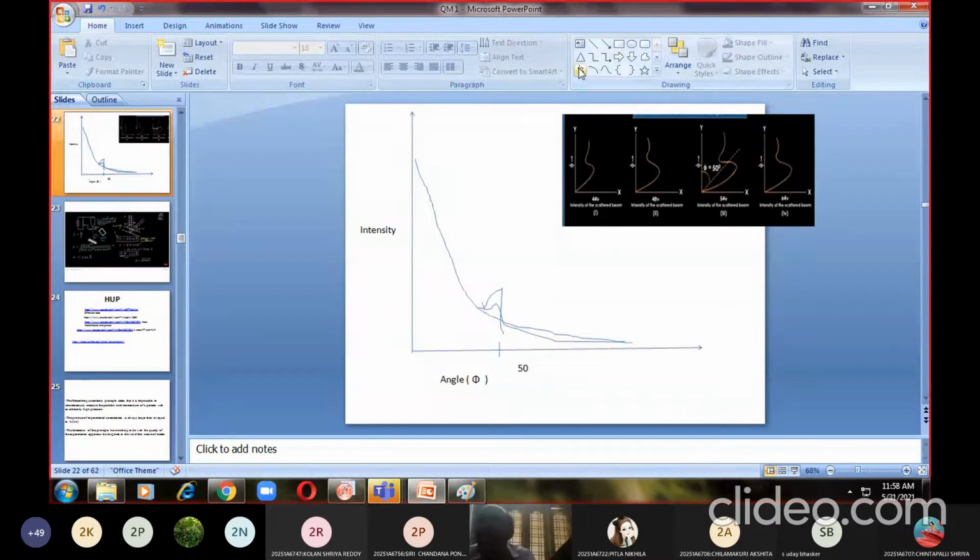Then I repeated the experiment with 58, 54. I got the peak to be very prominent.